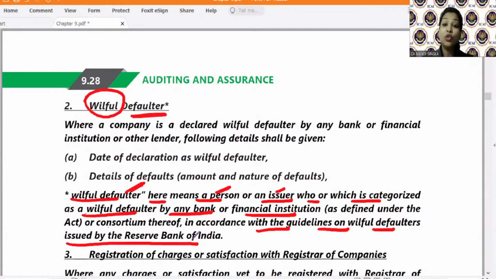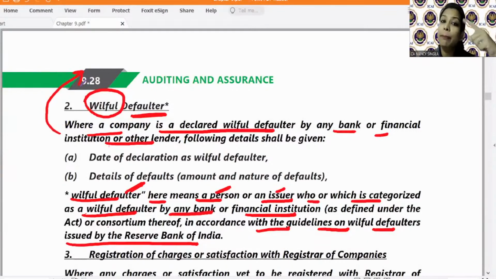Okay? So see now, here the responsibility is on the company itself to disclose, as additional regulatory information, that yes, we are a willful defaulter. We have intentionally defaulted in the repayment of the principal amount or the interest. So where a company is a declared willful defaulter by any bank or financial institution or other lender, I gave you the example of Vijay Mallya.